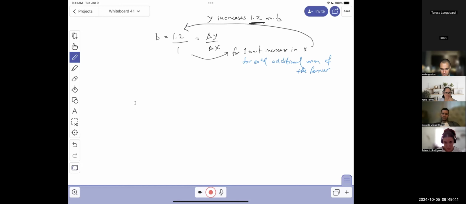So for each additional millimeter of the femur, the humerus is 1.2 units longer. All right. Longer. I said larger in the notes. So that's the slope interpretation.